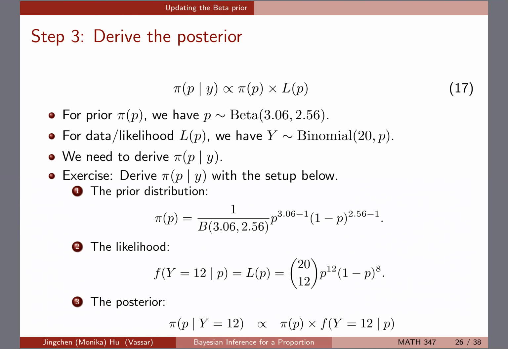I should also say, since now we're using the proportional sign, and I've been trying to emphasize the point that whatever can be considered as constant in terms of p can go into the proportional sign. Right? So a quick hint, this is constant. It's a choose function. You have to do the factorial, it's complicated, but it is a constant for p. Right? This also is a constant. It's the gamma function that I talked about before. So for now, don't worry about it. They will go into the proportional sign. So what's left for us is these two terms and these two terms.